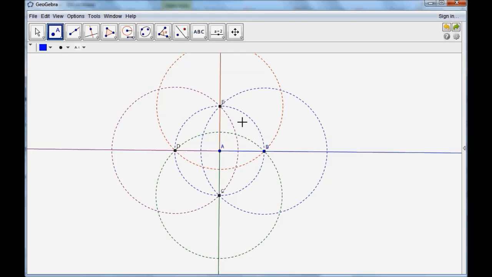And this allows us to establish four right angles from the intersection of two lines. In fact, we're allowed to create 1, 2, or 4 right angles whenever we make a picture.